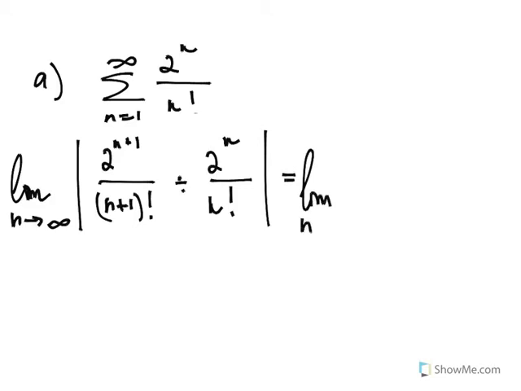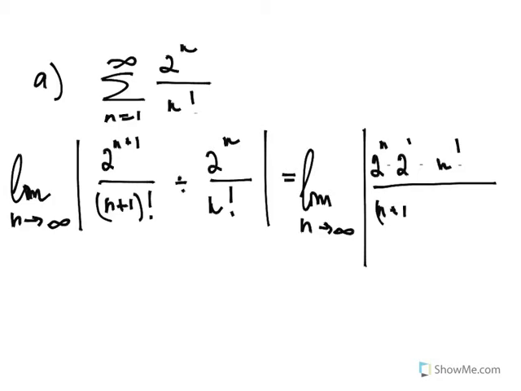Now, let's try to simplify. So it's 2 to the n times 2 to the first times, flip the second fraction, so n factorial is on the top now. You have n plus 1 factorial on the bottom, and 2 to the n moves down. Now you notice that you can get rid of these guys here.